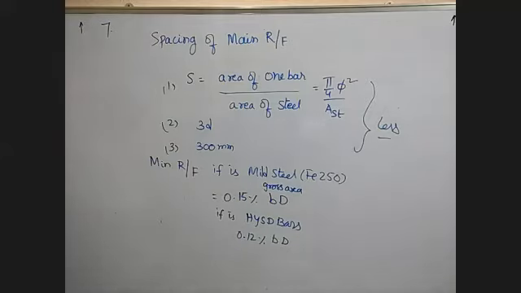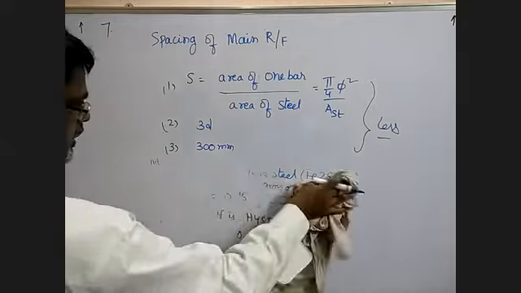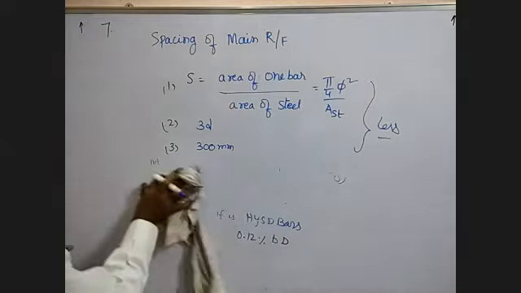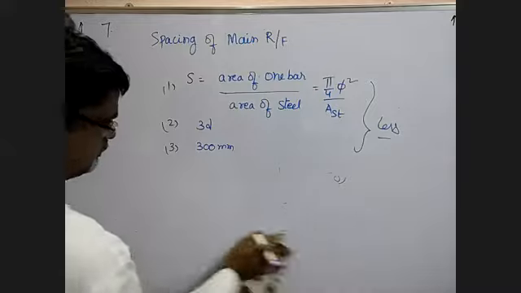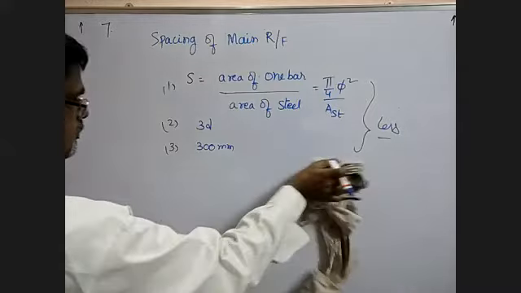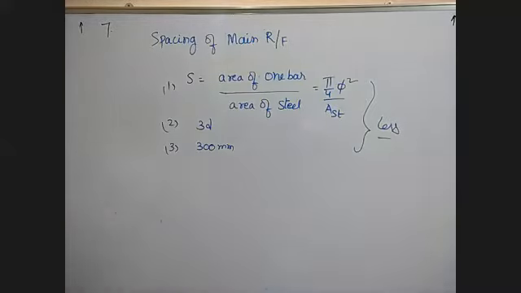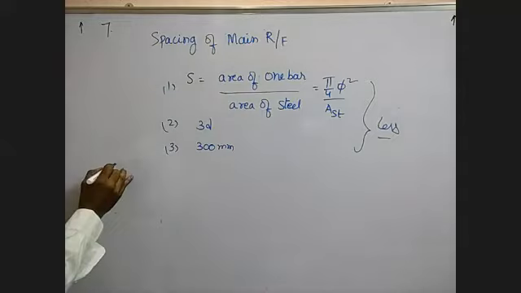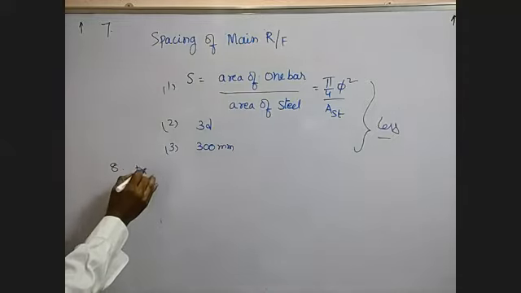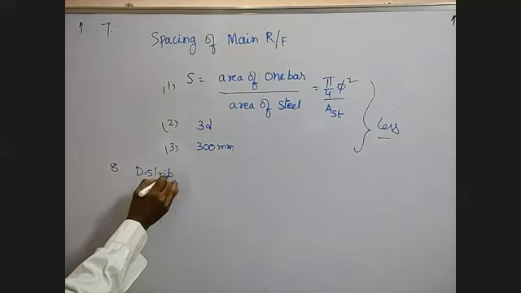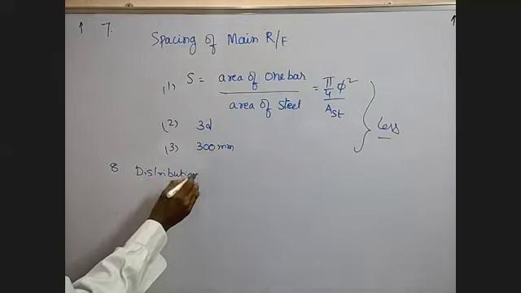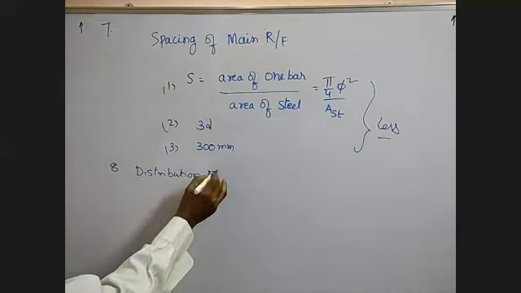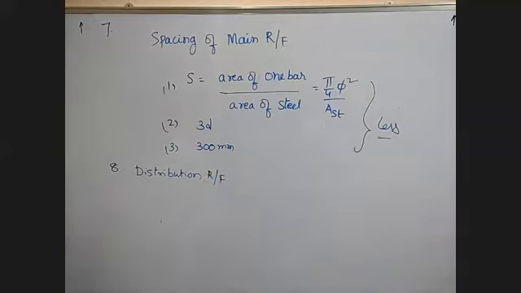Now coming to the eighth step, you have the distribution reinforcement. This is provided exactly opposite to the main reinforcement.